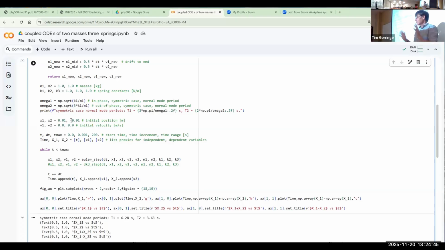This is exactly the conditions of the second normal mode, the high frequency normal mode. It had the two masses oscillating with the same amplitude, with the same frequency, but being out of phase, 180 degrees, pi out of phase. So I'm recreating that condition in the initial conditions here, with the two amplitudes being equal and opposite. So let's release this one, anticipating that we'll see the other normal mode.